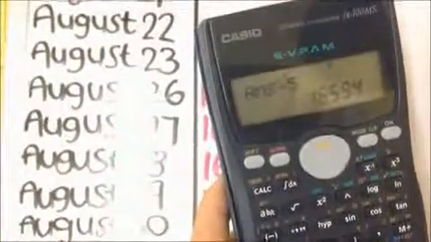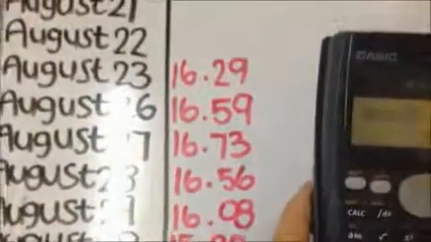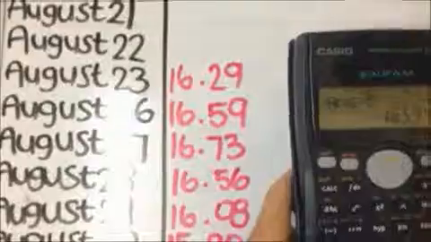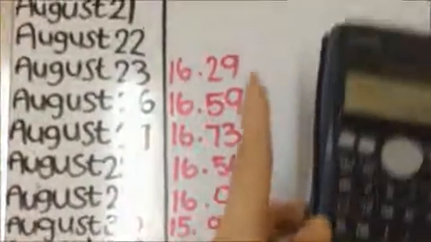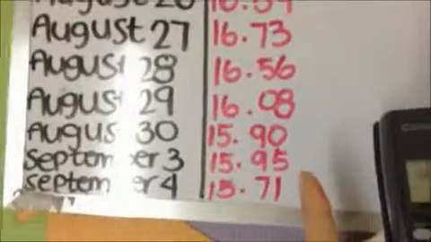And then the answer will be placed at line 7. So it is 16.594. So we are going to round it off, becoming 16.59. And then you are going to do it so on until it finishes at September 4th.